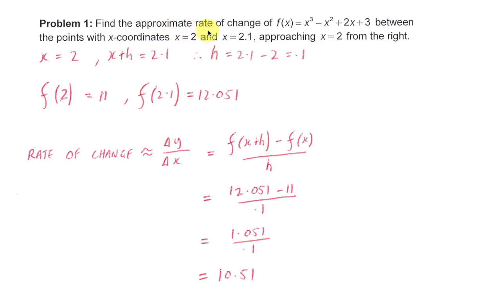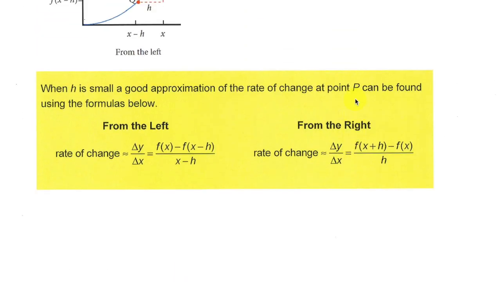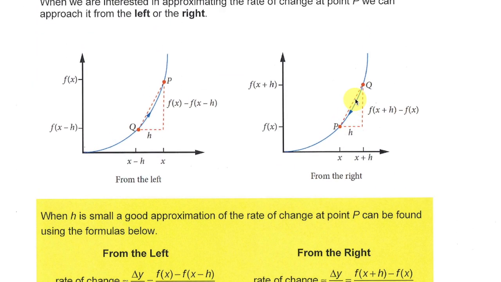Find the approximate rate of change for f of x given this cubic between the x values where x is equal to 2 and x is equal to 2.1, approaching x equaling 2, so that's where I'm interested in, from the right. So what we've got going on here is this situation.